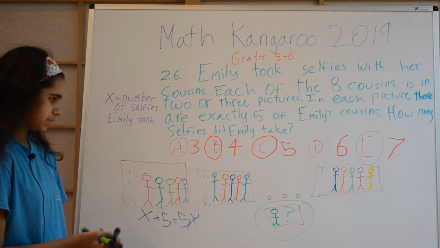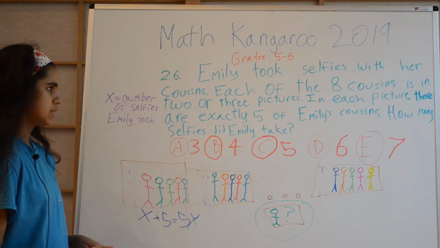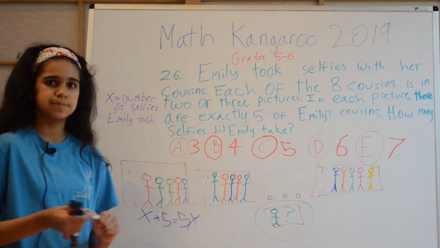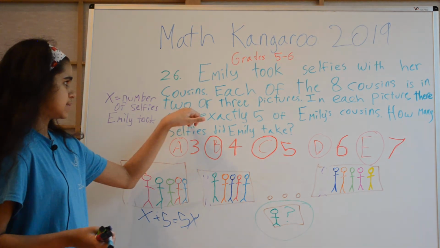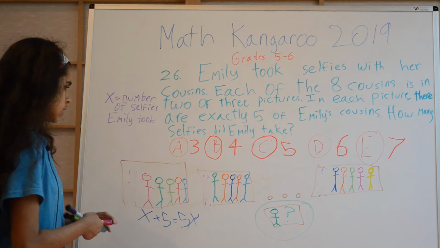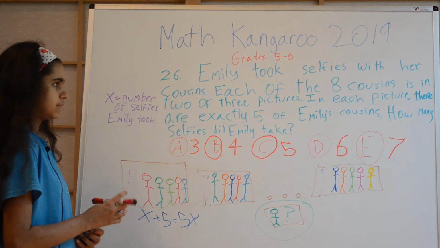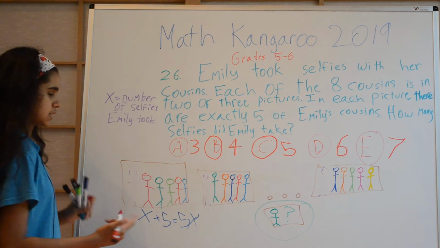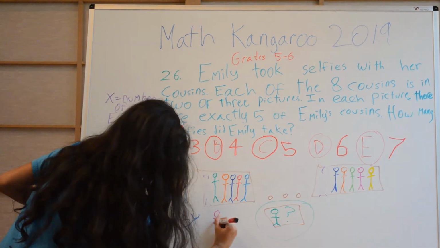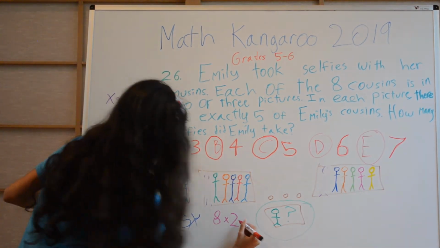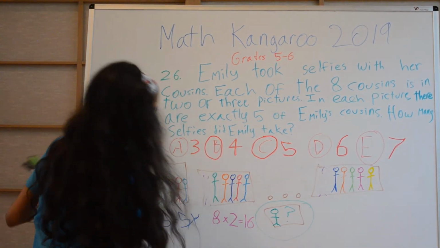So if we want to make that as small as possible, then we want to make the number of times each cousin appears as small as possible. And the smallest that could be is 2. We're given that in the problem. So the smallest number of people we can count is going to be 8 times 2, because 8 cousins times 2 appearances is the smallest, and that's 16.